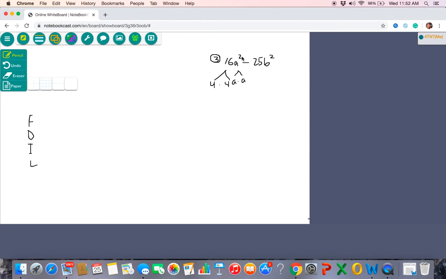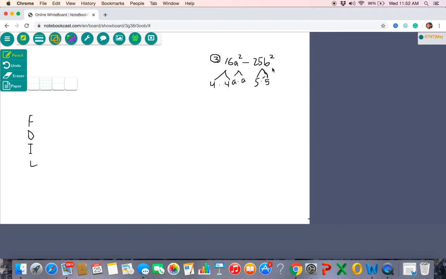Over here, I'm going to factor this one out. I have negative 25. What's the square root of 25? It's 5. But in this case, I'm going to do 5 times negative 5 to get negative 25.